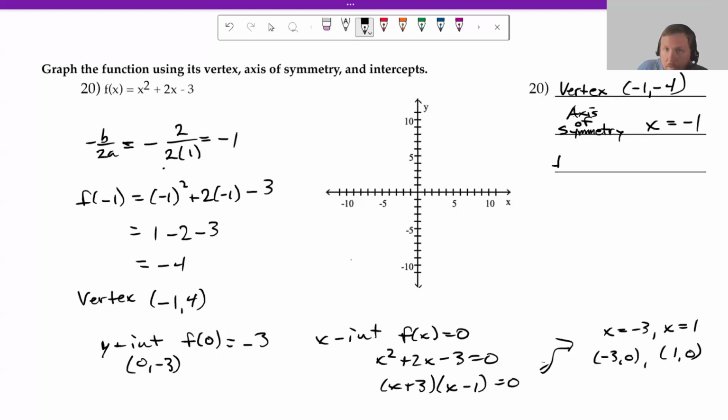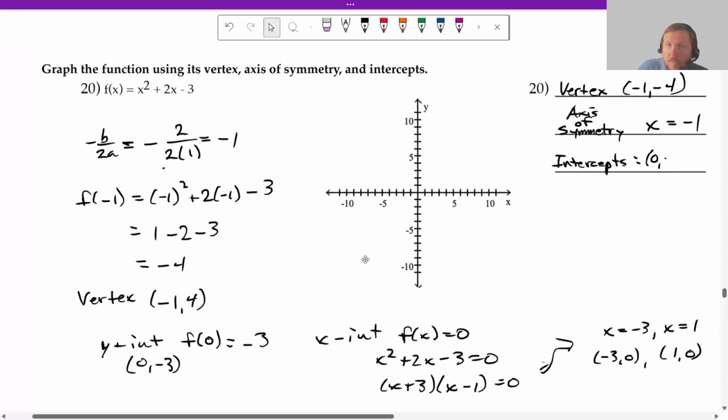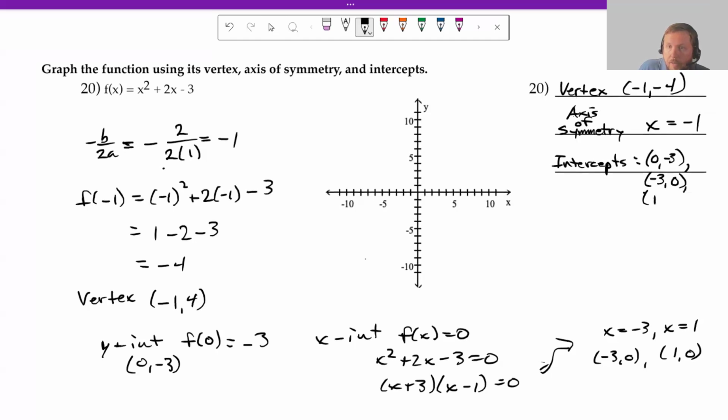So now our intercepts are, let's see, 0, -3, -3, 0, and 1, 0.